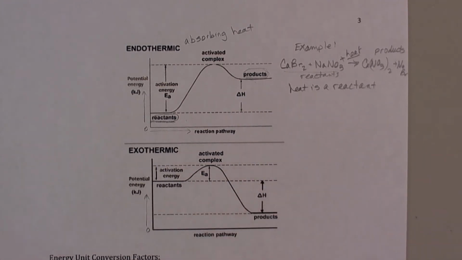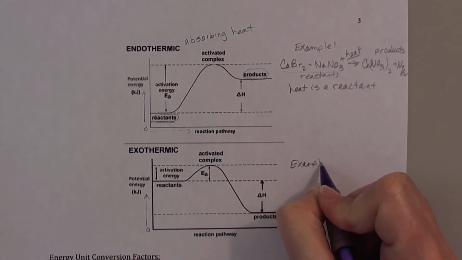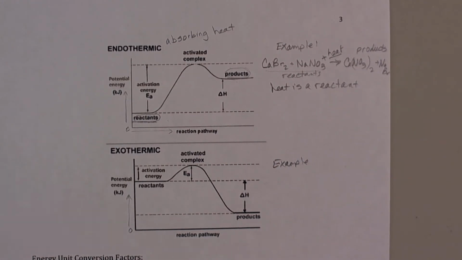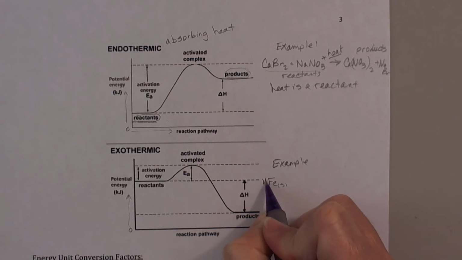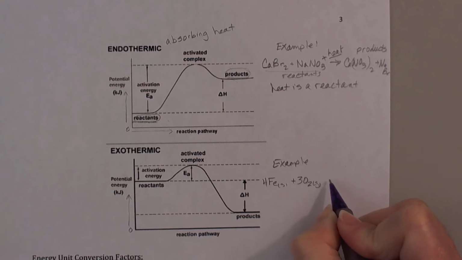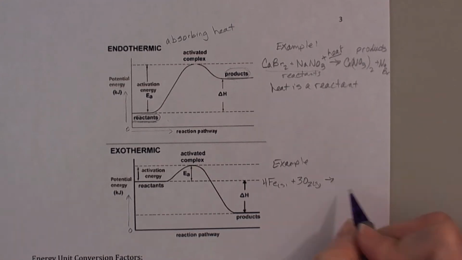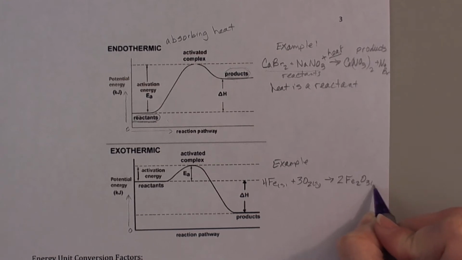Let's look at our exothermic potential energy diagram. So an example I have for this reaction is, let's do iron. Let's do 4 irons plus 3 oxygens. So I'm going to do the combustion of iron to give us 2 Fe2O3.